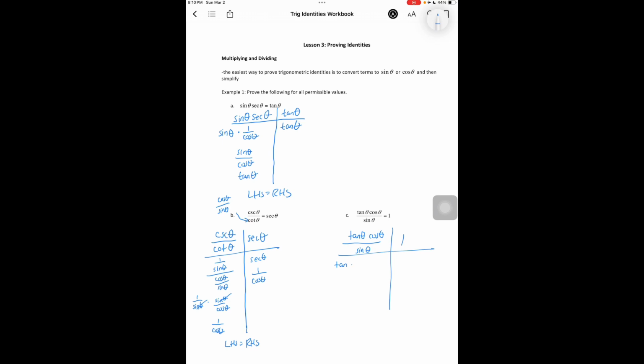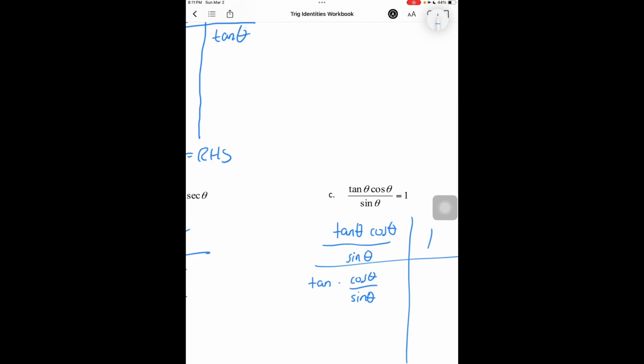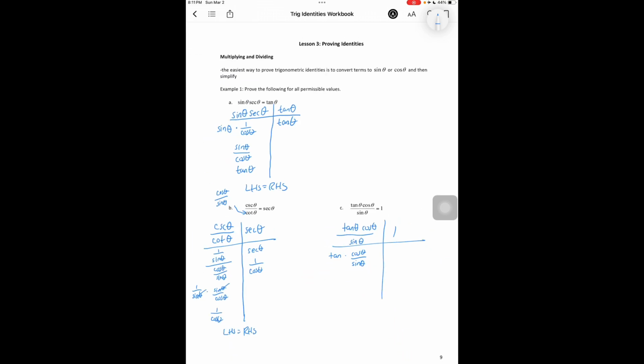So I'm just going to break this up. So tan theta times cos over sine, because of fraction rules, since these are all being multiplied at the top, you could just break it up like this. It's the exact same thing.